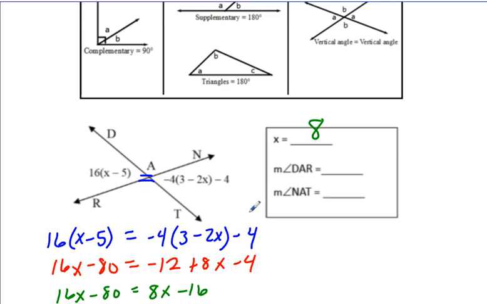So if x is 8, the measure of DAR, 16 times 8 minus 5, is 16 times 3, which is 48.